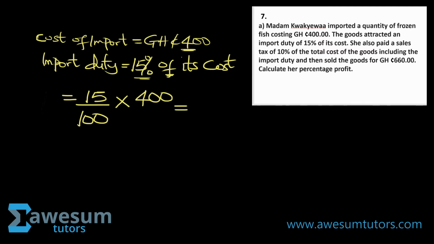We can cancel the zeros, so I have 15 times 4, which is 60 Ghana cedis. So that is the import duty.